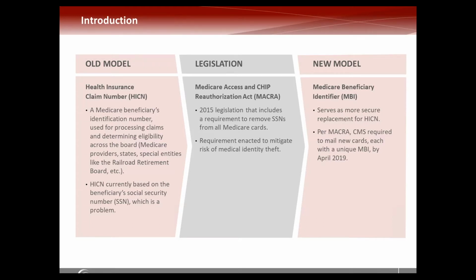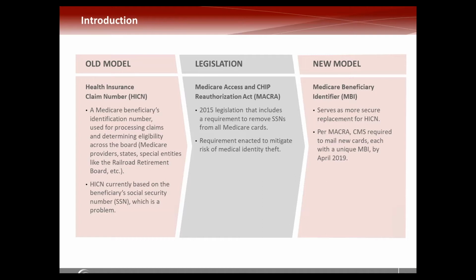And that includes Medicare providers, state, special entities like Railroad Retirement Board, etc. Now, the HICN is currently based on the beneficiary's Social Security number, SSN. And over time, that's proven to be problematic for both issues of fraud and abuse within the Medicare program and also issues related to identity theft.